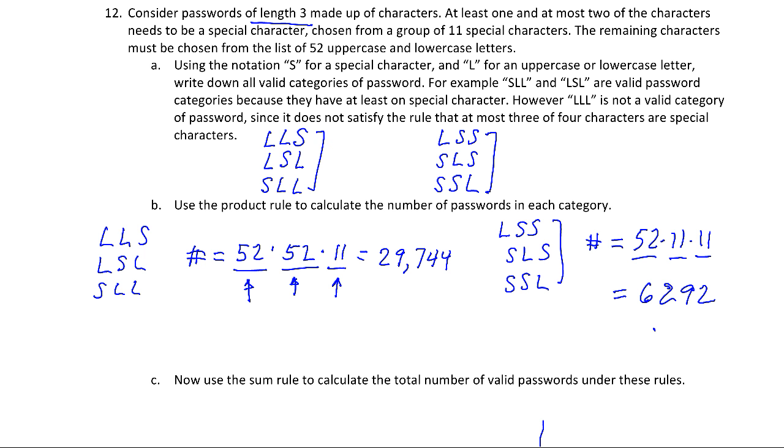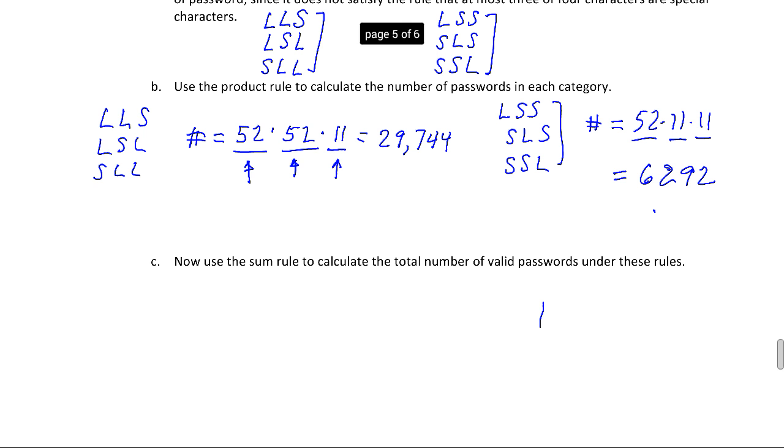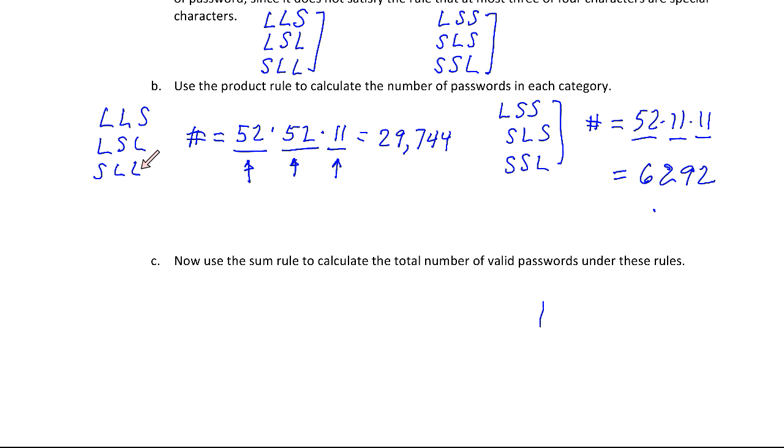And so the total number of passwords is then going to be calculated in part C using the sum rule to calculate the total number of valid passwords. And so what we've got is 6 different sets of valid passwords.